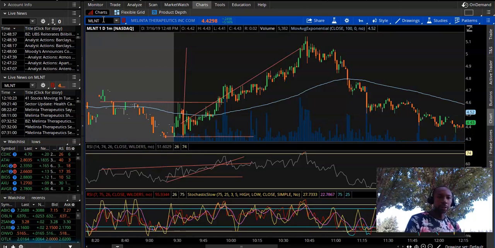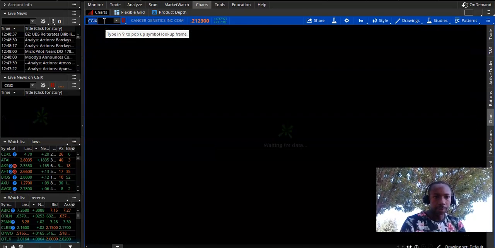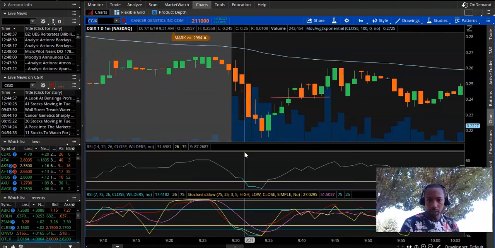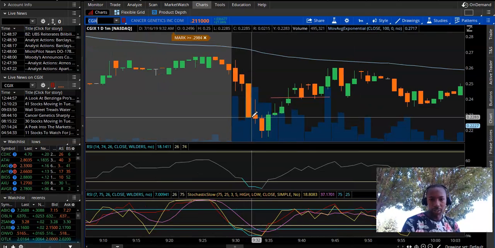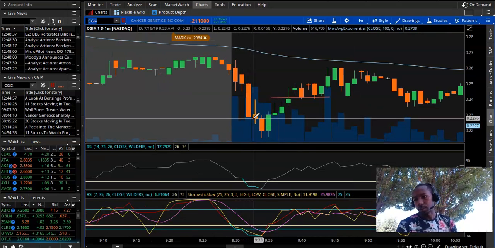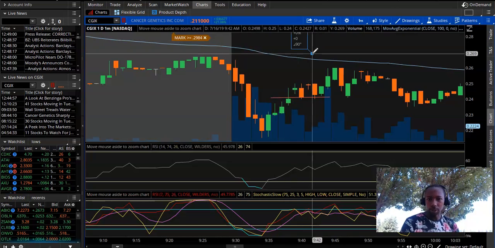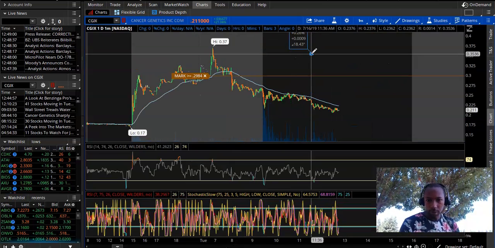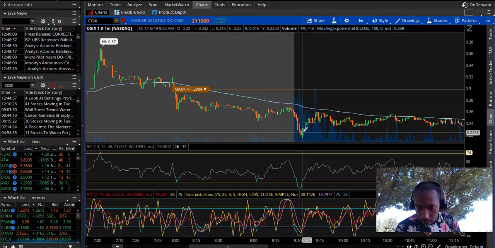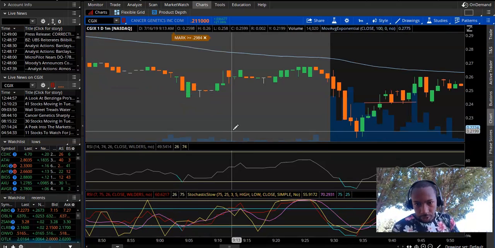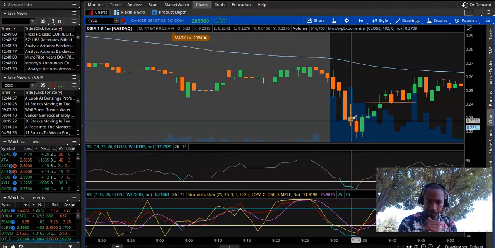So say you were in CGIX and you saw the dip on the RSI and you got in early, say you got in at 22 cents here. CGIX, oh wait, is this the right one? Yep. Okay, so say you got in early.